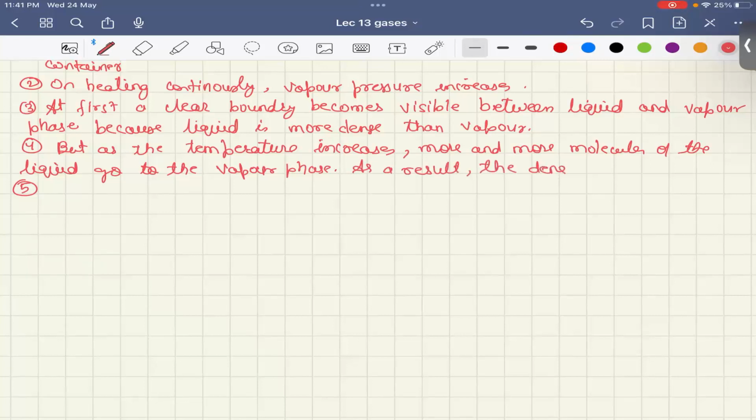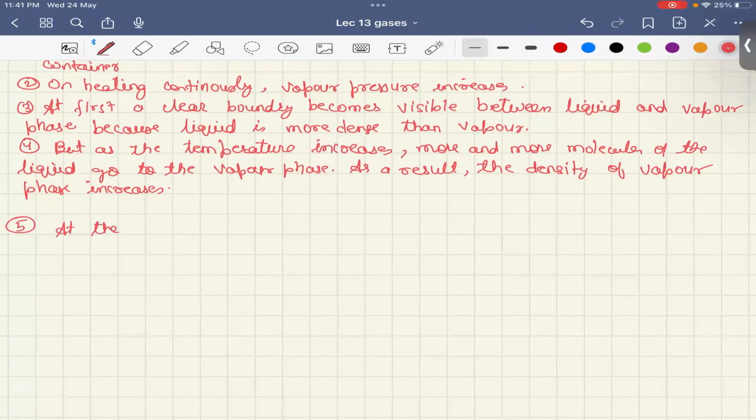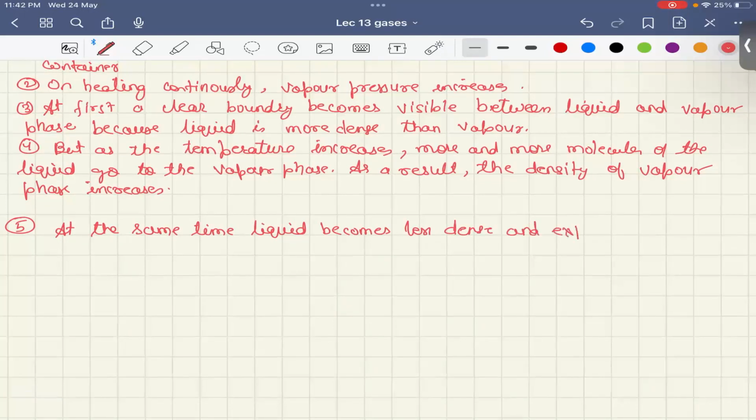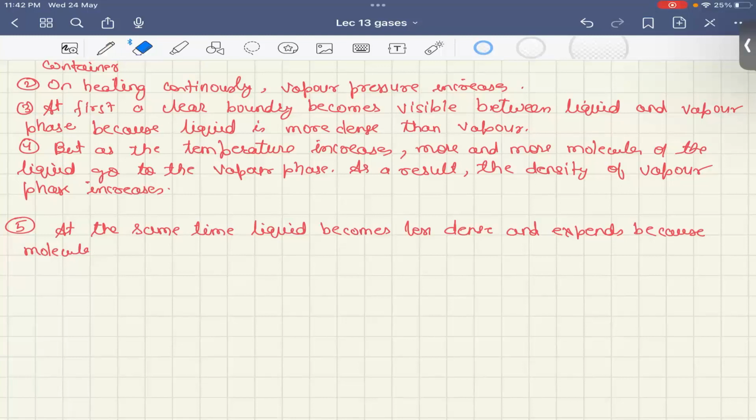At the same time, liquid becomes less dense and expands because molecules move apart, right?